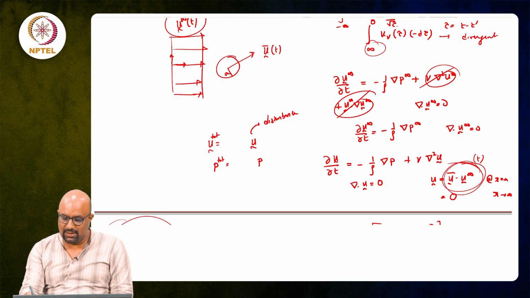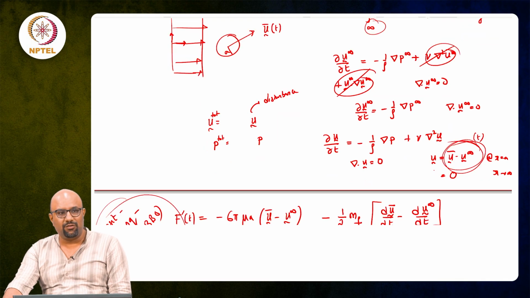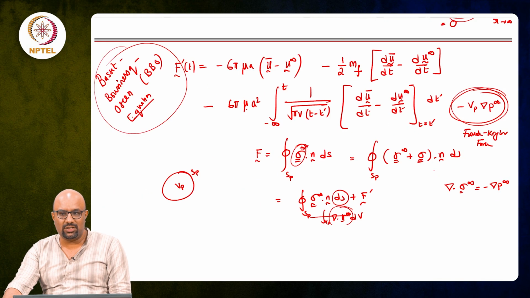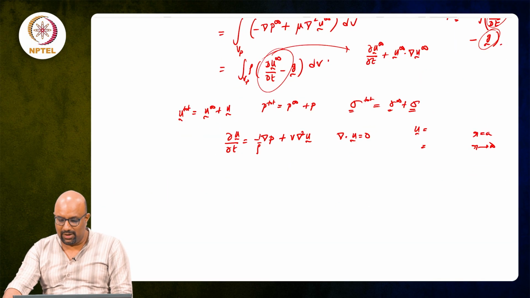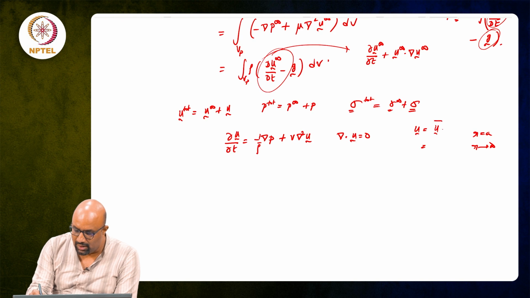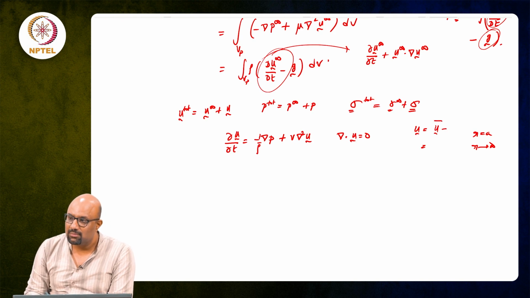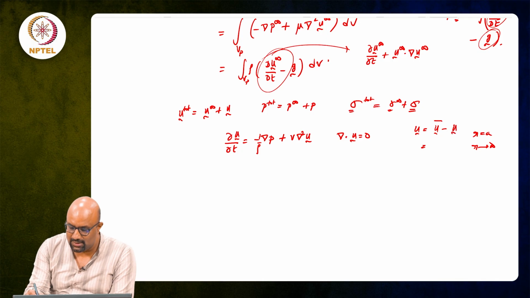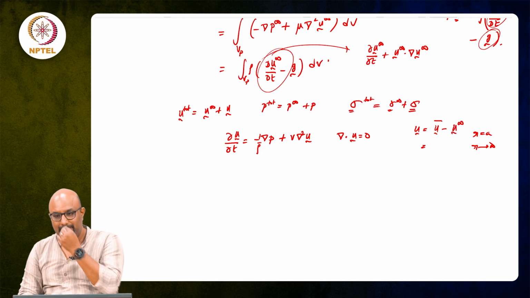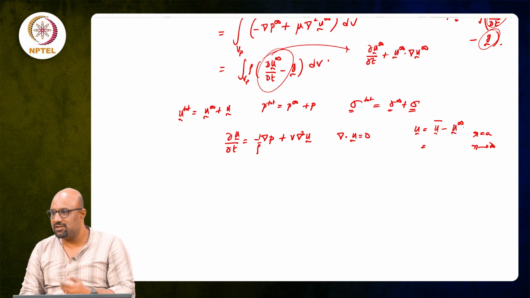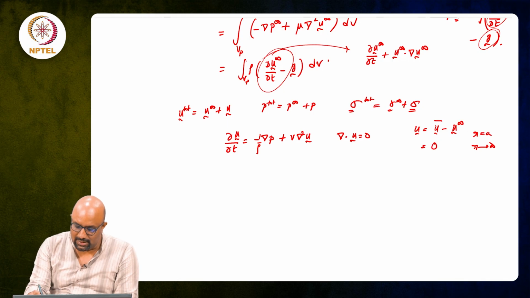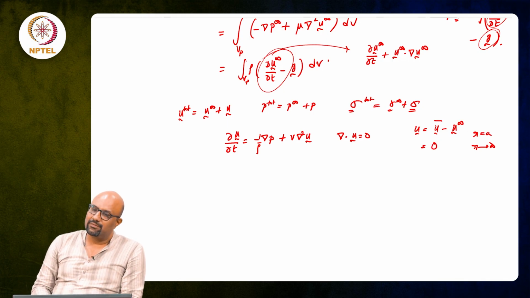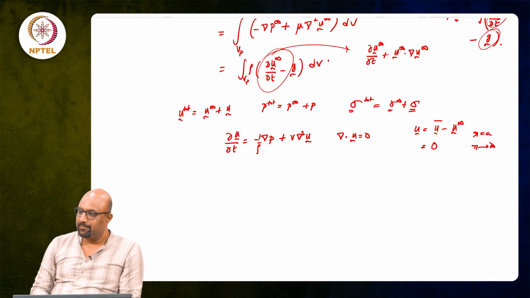It stays the same thing. Just because the flow has become non-uniform, the boundary condition is not going to change. The boundary condition is still going to be whatever is the translational velocity of that spherical particle minus u infinity, obviously evaluated at the surface of the particle, and then I have this to be 0.